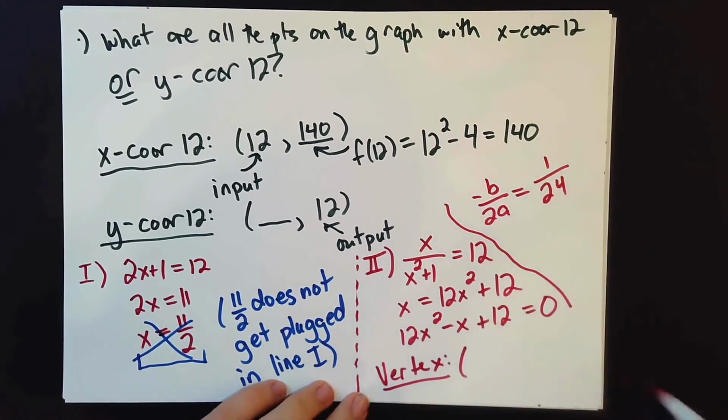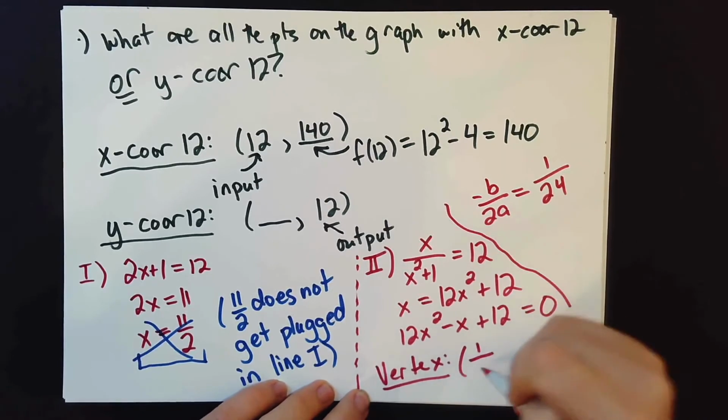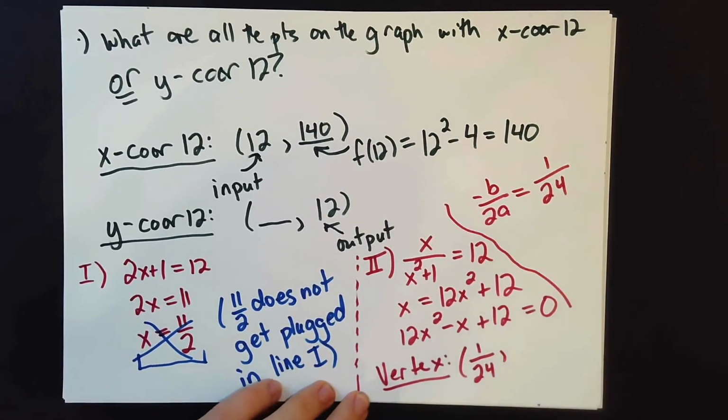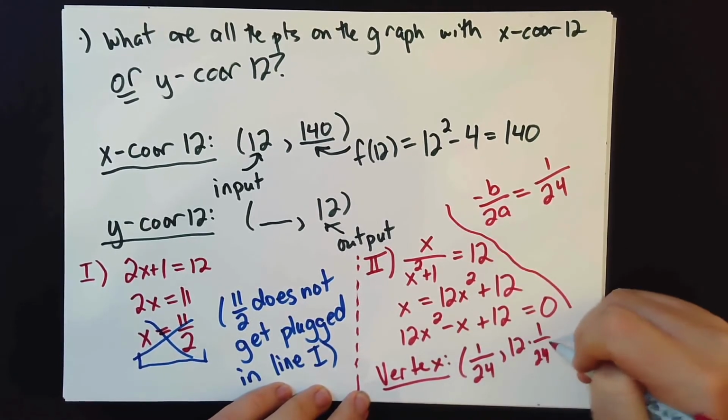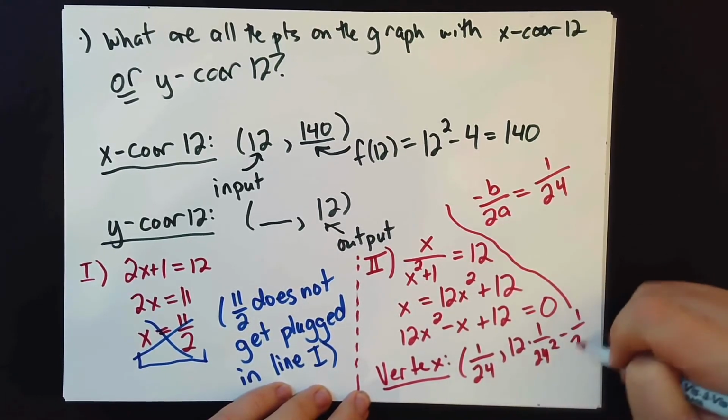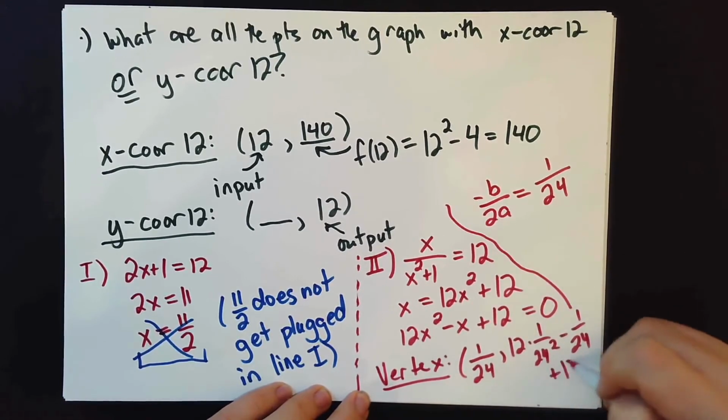Okay. And so my x-coordinate here is 1 over 24. What's my y-coordinate? It's what I get when I plug 1/24 in here. It would be 12 times 1/24 squared minus 1/24 plus 12.